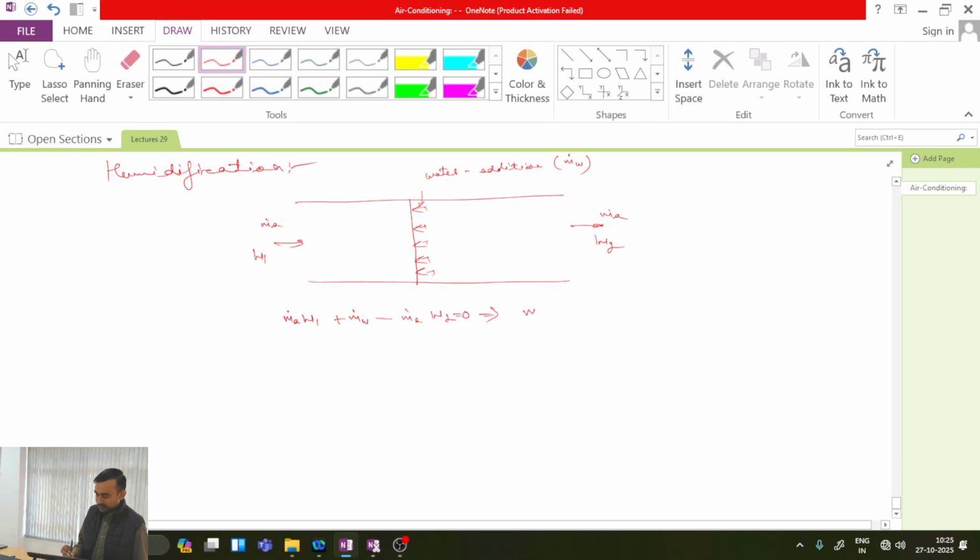So from here m dot W will become equal to m dot A into (W2 minus W1). Is this one clear?